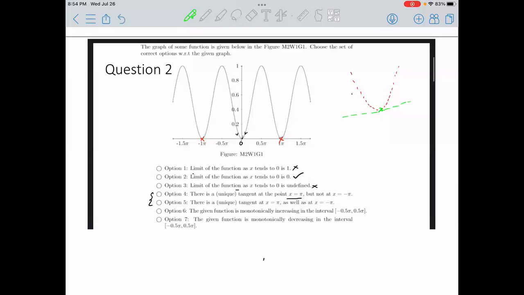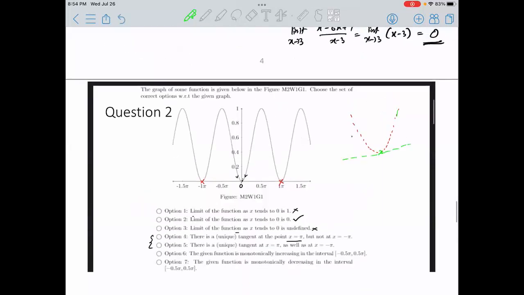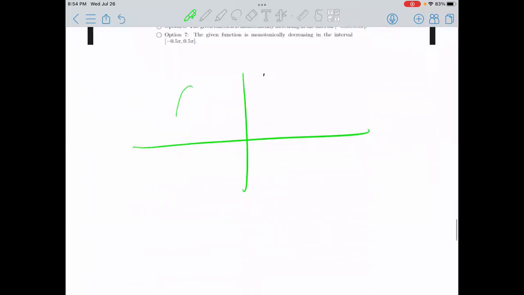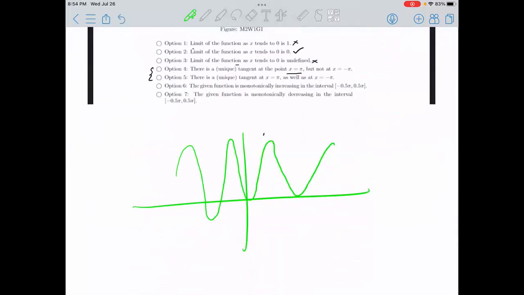No other point on the curve should touch. The curve is like this.